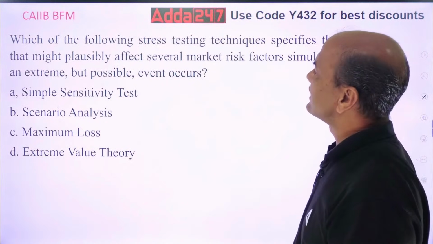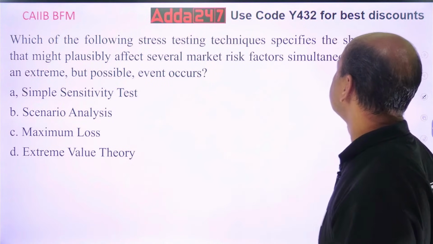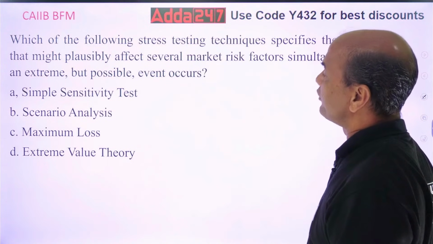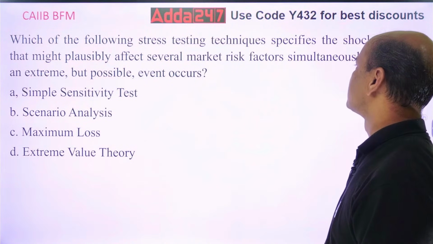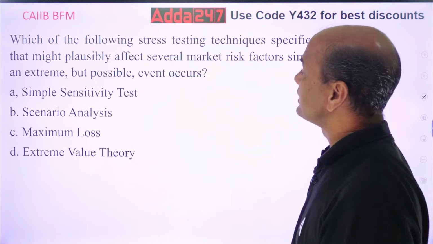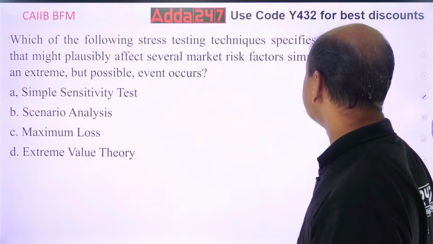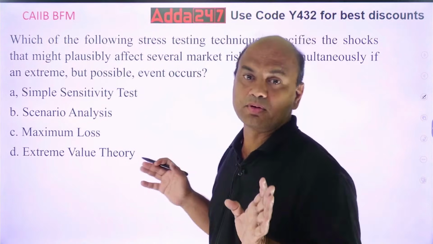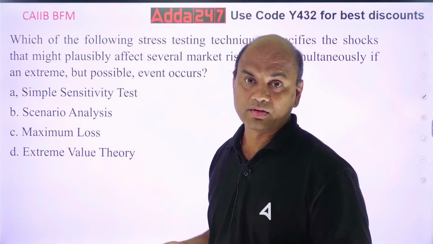Which of the following stress testing techniques specifies the shocks that might plausibly affect several market risk factors simultaneously if an extreme but possible event occurs? So, which will give you all the events occurring at the same time? All the events can happen.